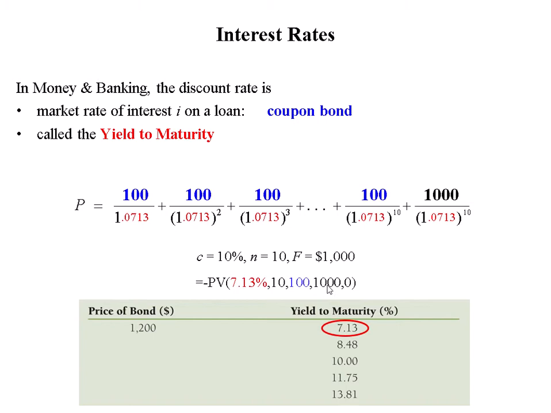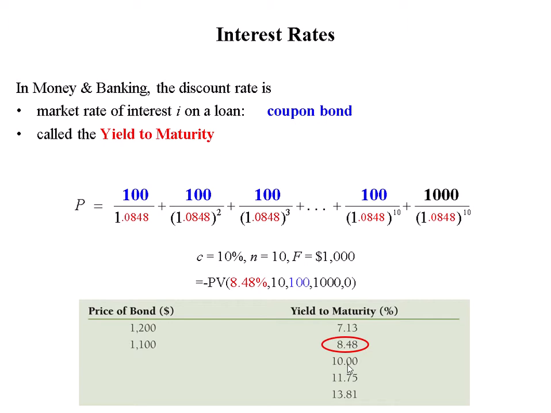And when we do that, we get $1,200 when the yield to maturity is 7.13. When the yield to maturity is 8.48, notice that the denominators are all bigger, which makes each of these fractions smaller. So the price of the bond fell.